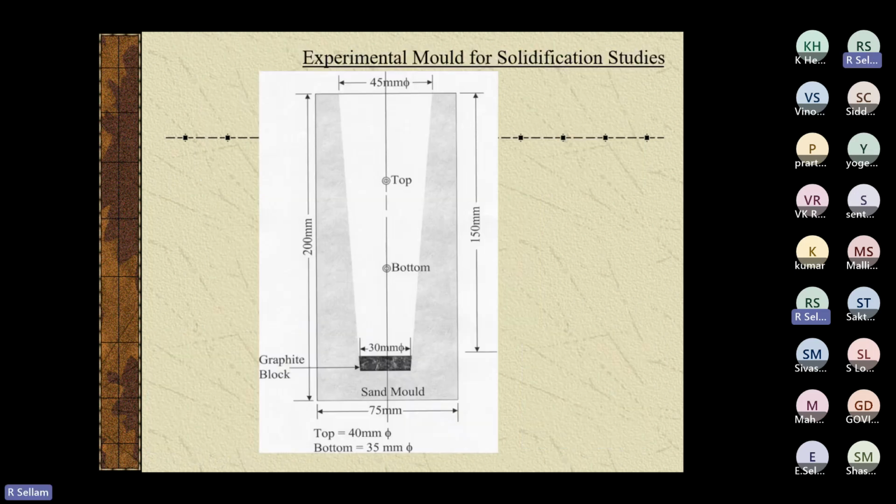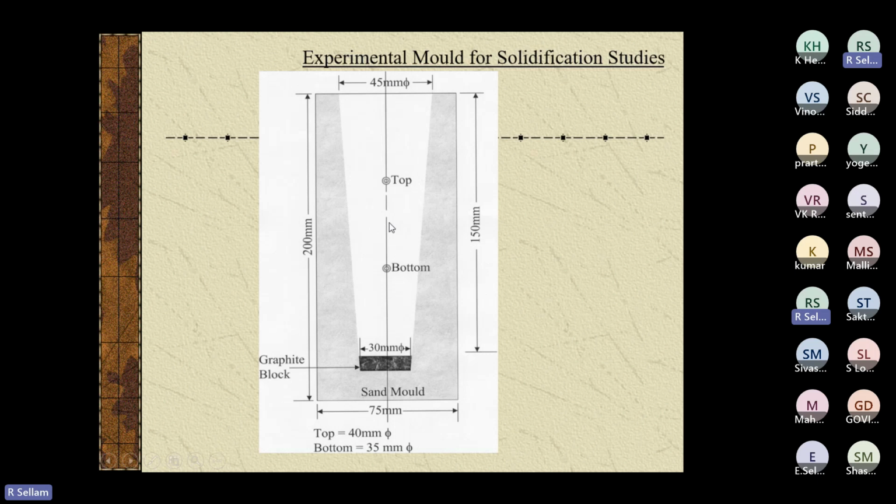Now, after getting funding from the Department of Science and Technology, DST, we did some scientific studies and captured the data through a data logging system. We take this type of mold with a graphite block at the bottom. After pouring the molten metal into the mold, we add the second electrode from the top.